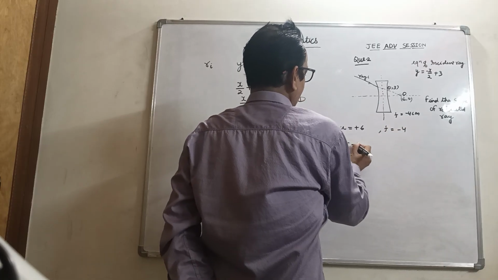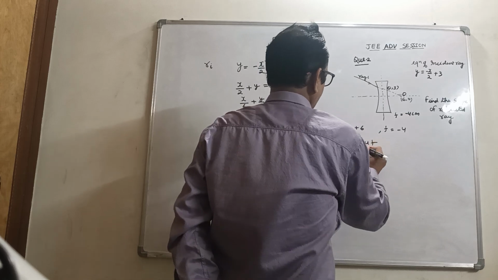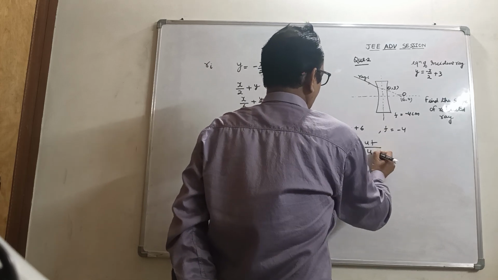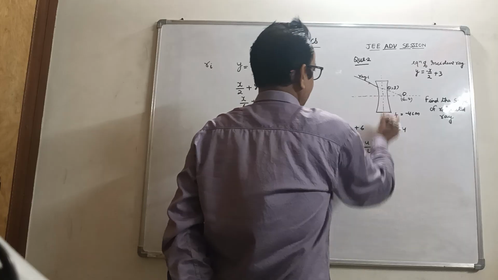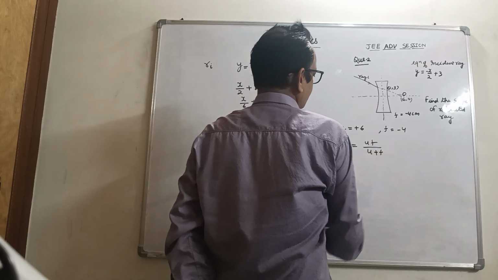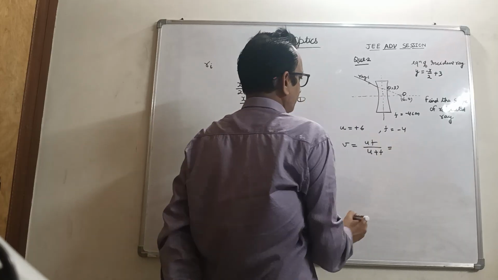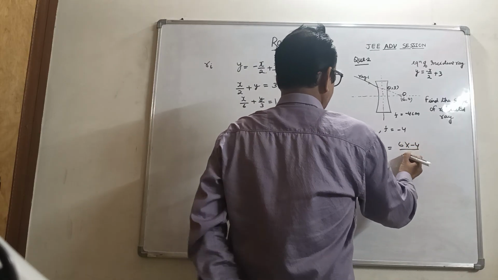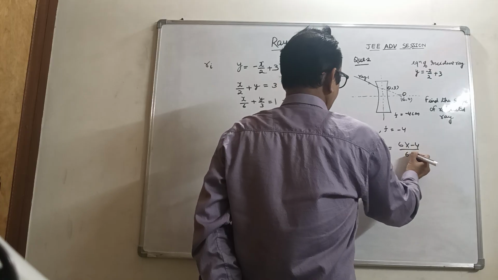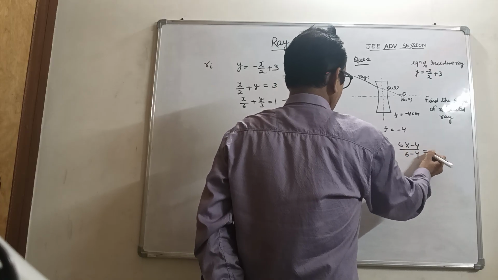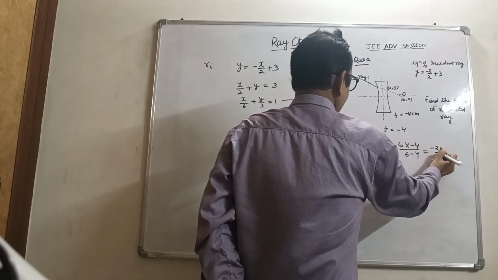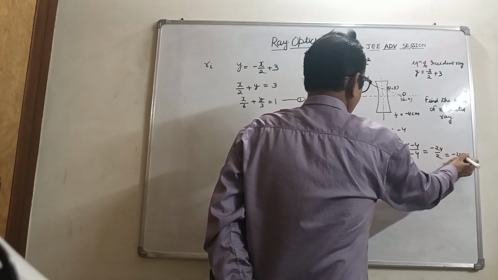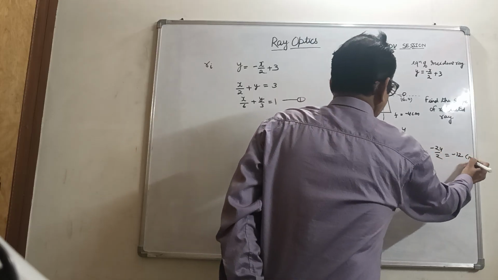So v equals uf upon u plus f. So 6 into minus 4, over 6 minus 4. This would be minus 24 by 2. This would be minus 12 centimeter.